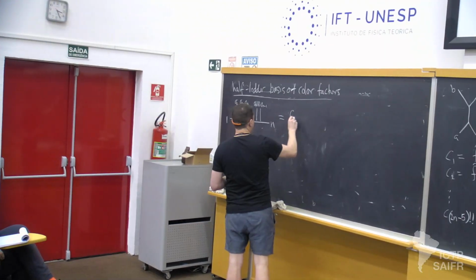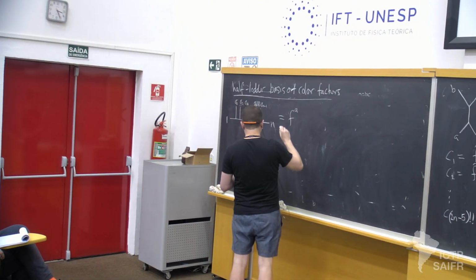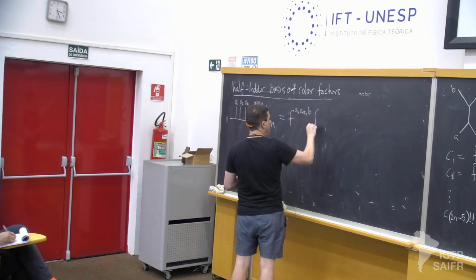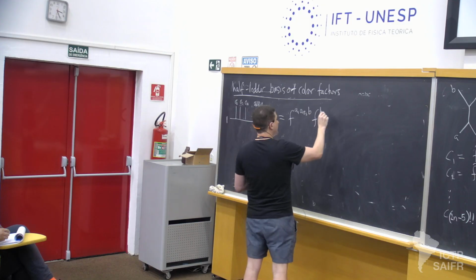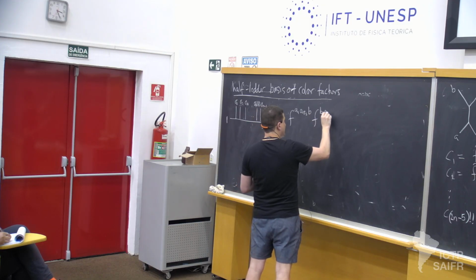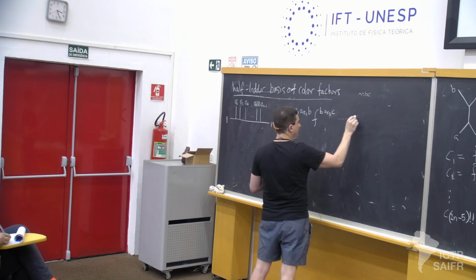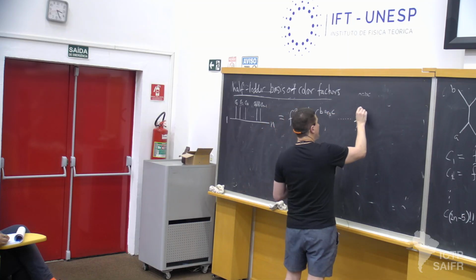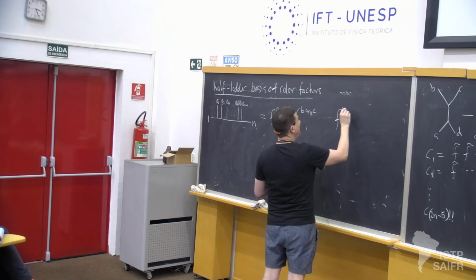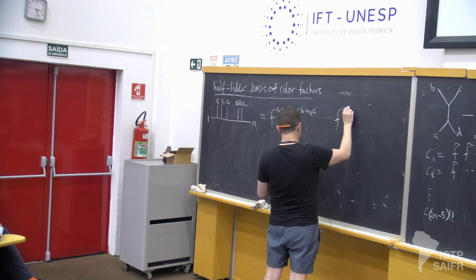Now I can write out the explicit color factor, so it's A1, A sigma 2, B, F B, A sigma 3, C, dot dot dot, F, let's use the letter Y, even though that's a limited number of letters, I guess.